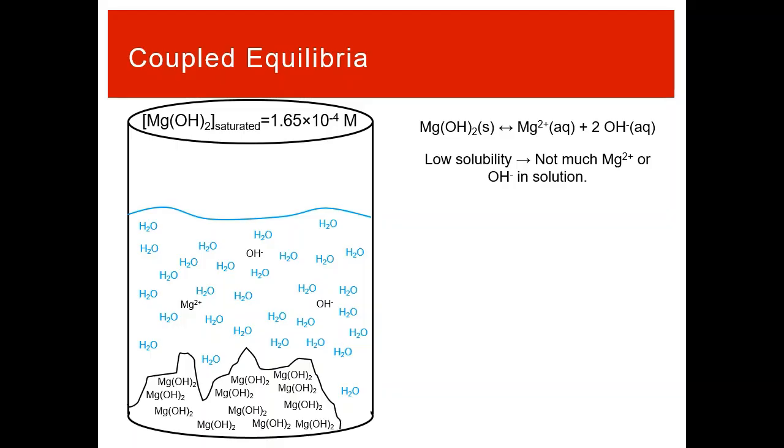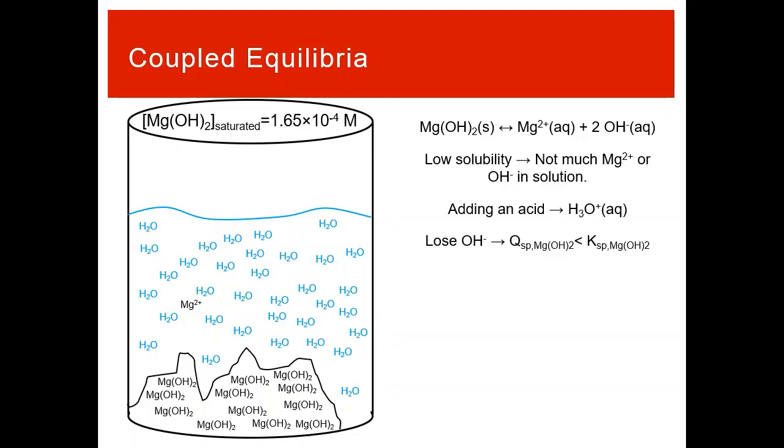If my solution is neutral, right, if I have pure water as my solvent, and I change it to an acidic solution, now there's hydronium present. So if I have an acidic solution that I'm dissolving into, when the magnesium hydroxide dissolves, the hydroxide immediately reacts with any hydronium that's present, and the hydroxide is gone.